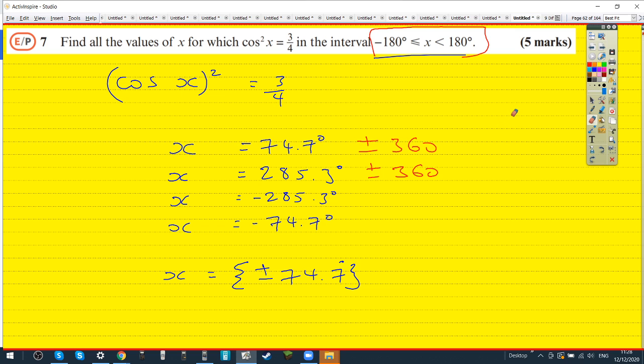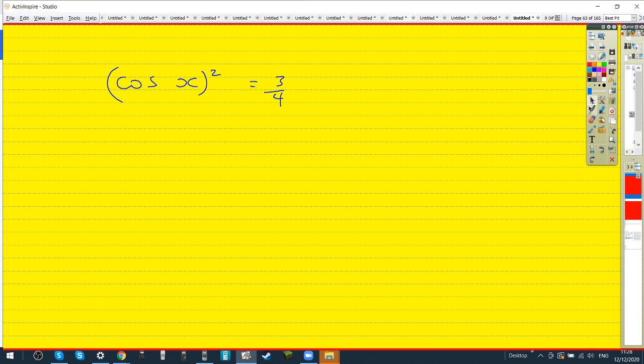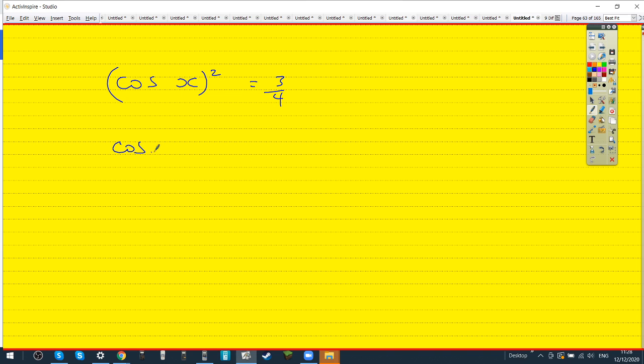However, there is a limitation here. If we were to do this the normal way, square root both sides, what do you get? Cos x equals square root 3/4. Wrong, believe it or not. Cos x equals plus or minus the square root of 3/4.